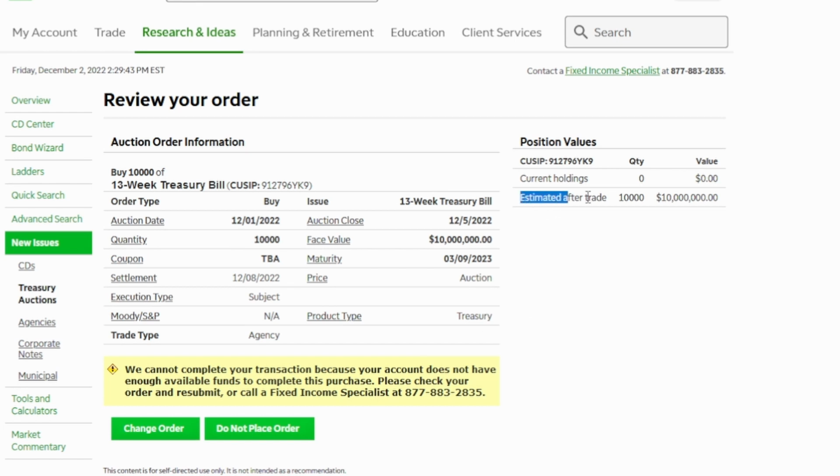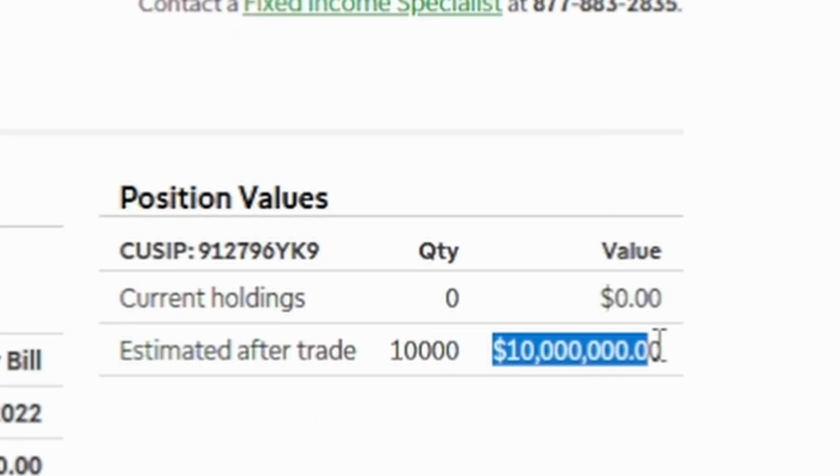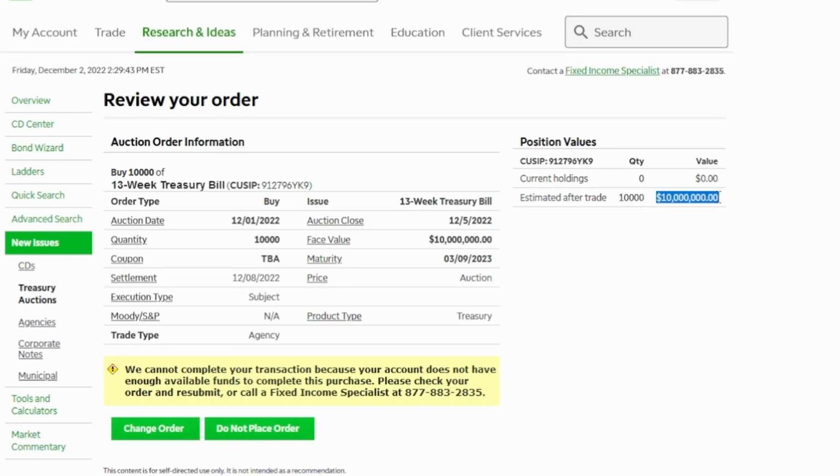Why? Because the estimated trade is $10,000, which is actually $10 million worth of bonds, because it is listed in thousands of dollars. And they don't tell you that. They don't give you a heads up or whatever.